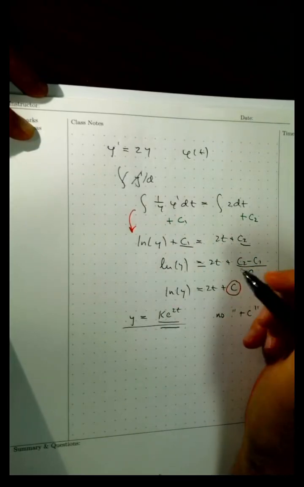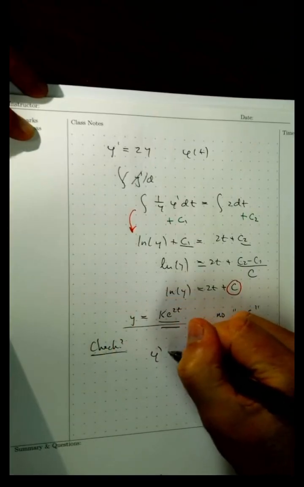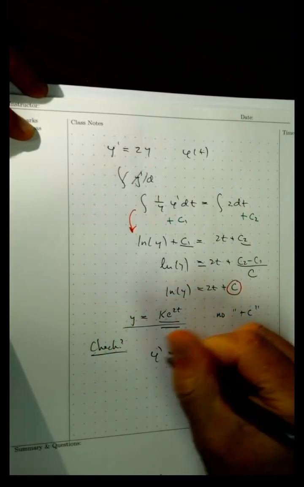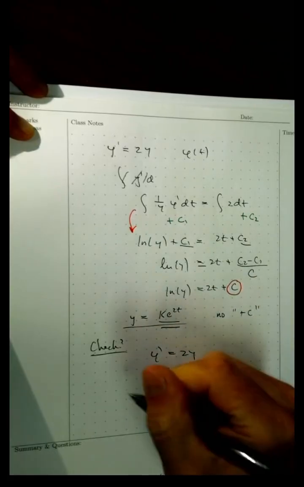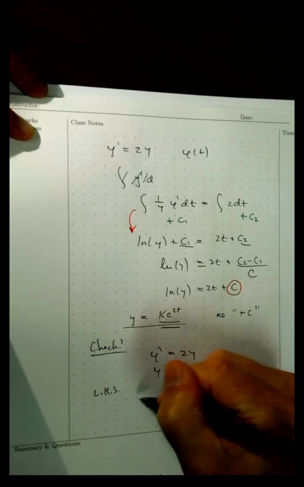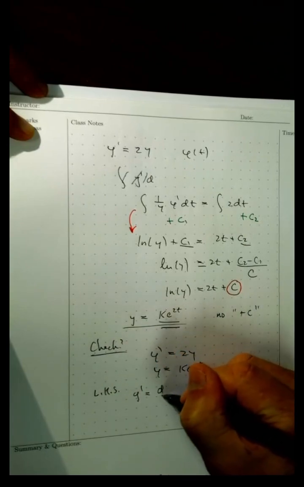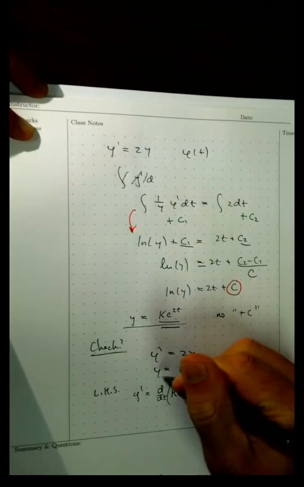Now, by the way, I can do a quick check here to see if this is correct. My original equation is y prime equals 2y. I claim that y equals k e to the 2t. So let's see. Looking at the left-hand side, y prime is going to be the derivative of k e to the 2t.